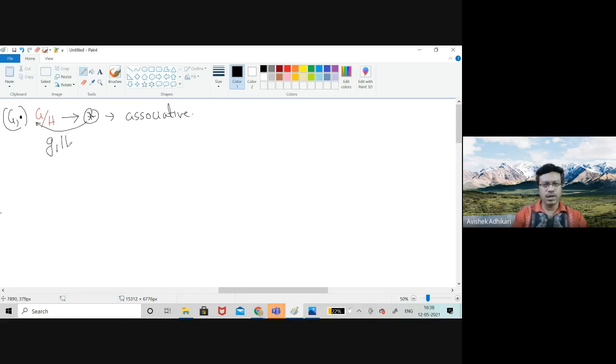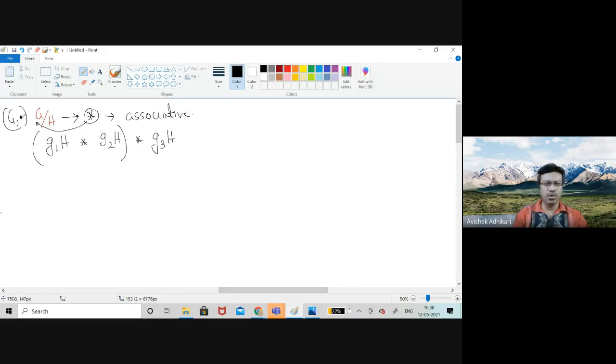Say G1H star G2H star G3H. Remember, I just dropped this dot because now you are matured enough to understand that the dot is there in between. What is that dot?